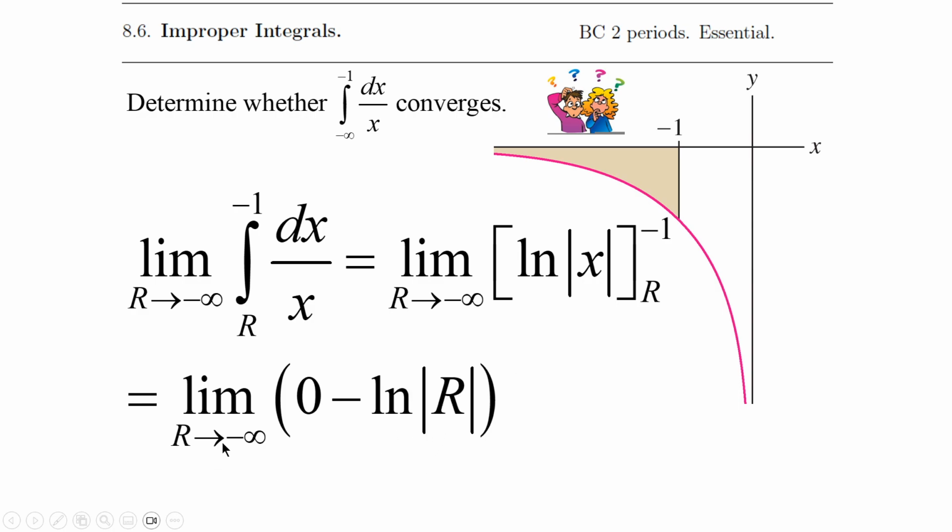Now r is approaching -infinity, so I'm getting negative the natural log of something approaching infinity, and that's going to be infinity, so this is going to be negative infinity. Wow, notice that. We had an unbounded region, and then we had an infinite area. The area diverged to negative infinity.